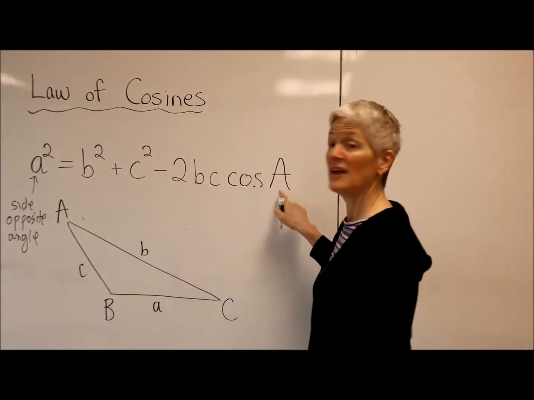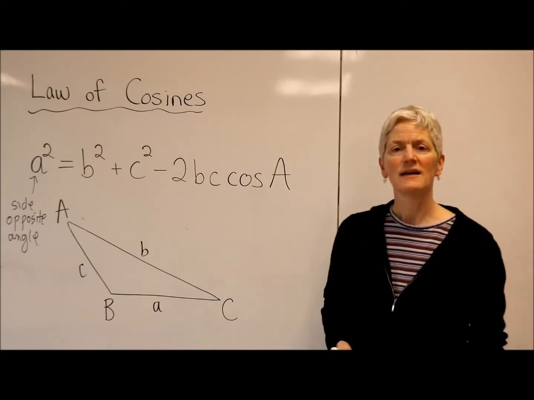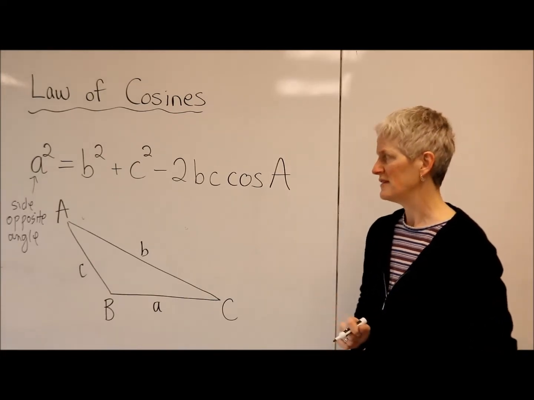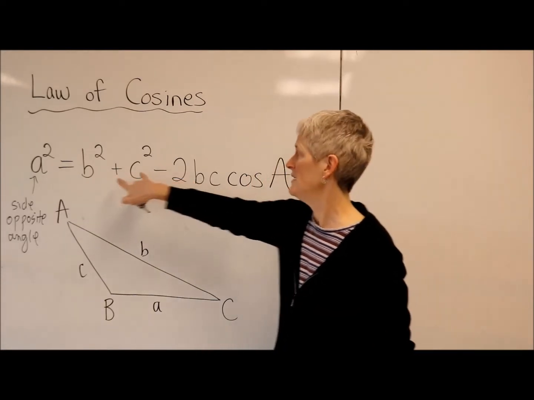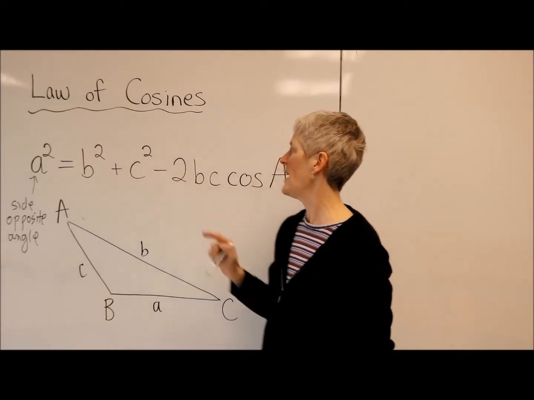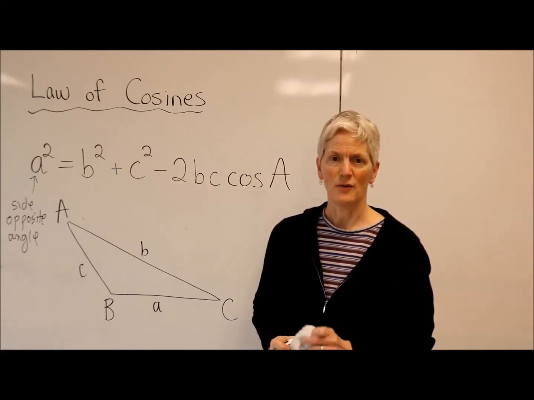That's really the important thing to remember. Of course, if you think of your commutative properties, it doesn't matter what order you add those or multiply those. Let's see this in action, shall we?